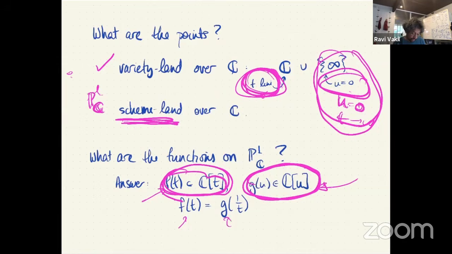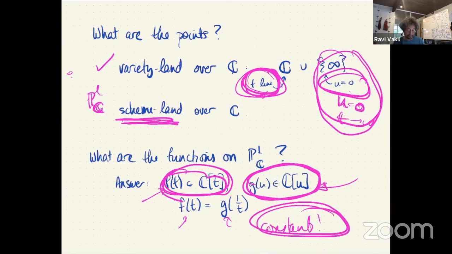So if I asked you for a polynomial f and a polynomial g, so that when you plug in f of T, you get g of 1 over T, if you think about it, the only way that is possible is if they are both constants. So in other words, on a sphere, on CP1, the only defined functions are constants. And if you're happy with Riemann surfaces, you know that on a connected Riemann surface, the only functions are constants.